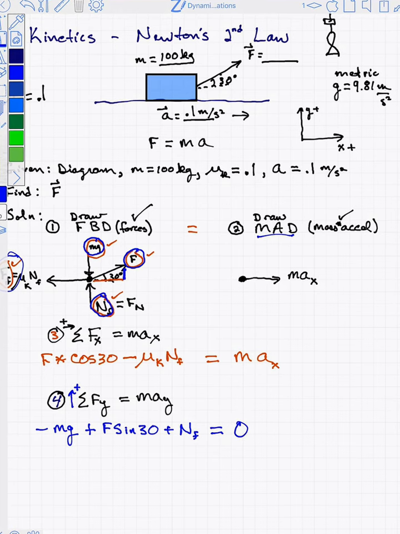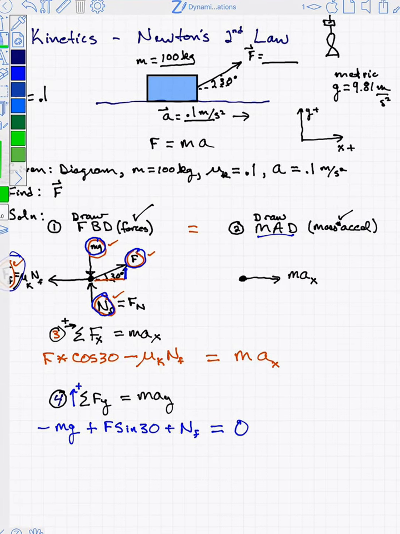Now we have two equations, equation 1 and equation 2. Let's use the check mark method to see how many unknowns we have. We put a check over things we know and we circle things we don't. So let's go through this first equation. Do we know F? No. Do we know the cosine of 30? Yes.